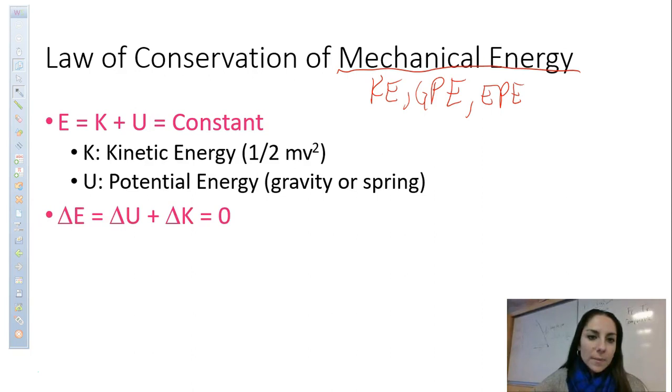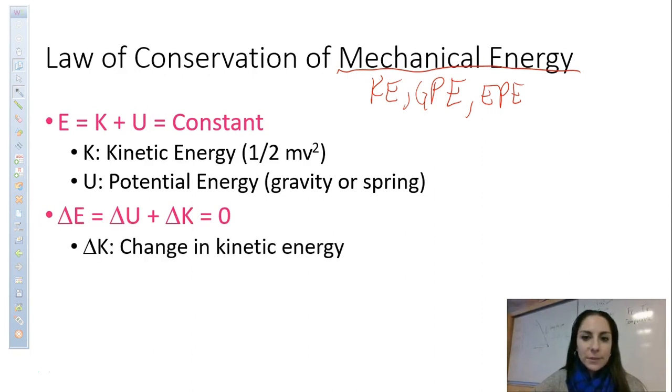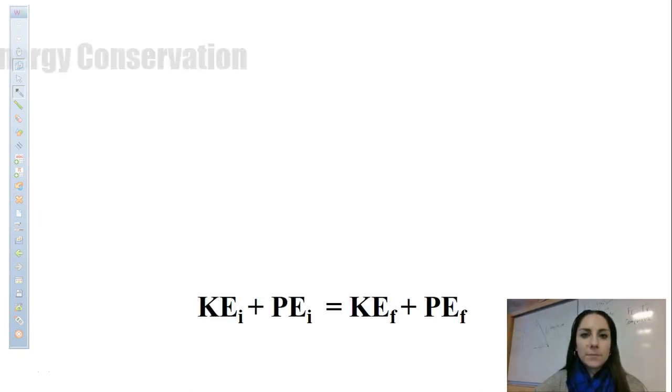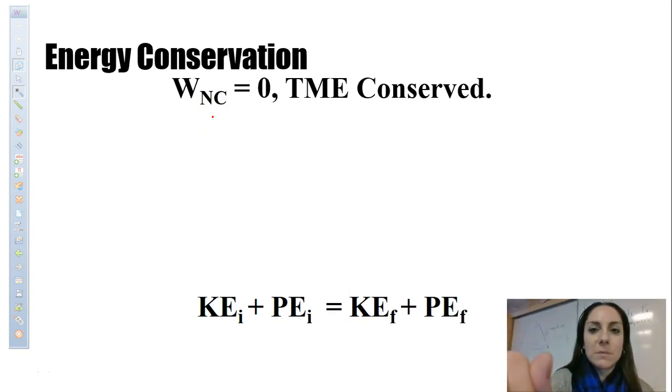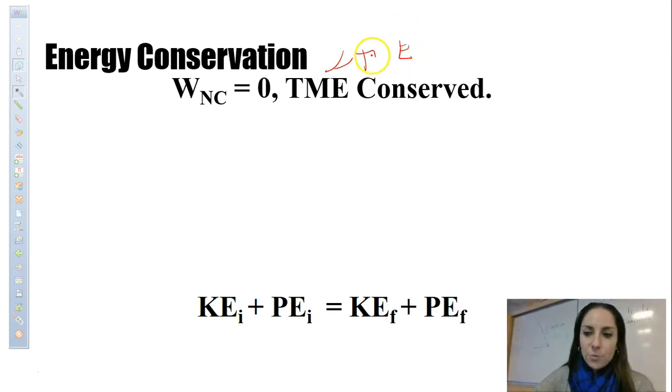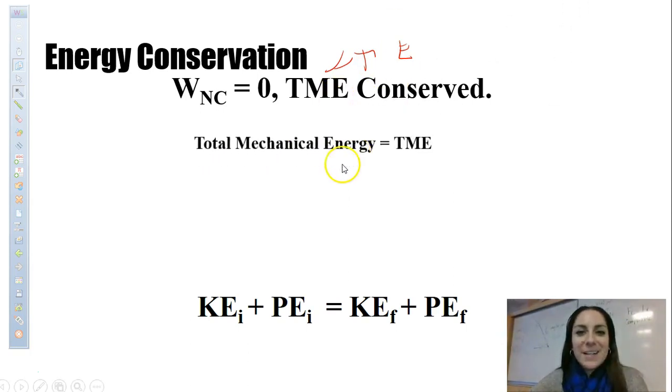Although I have it written here, I don't really like these forms. We're going to go to here. So long as we have no non-conservative forces on our system, then the total mechanical energy is conserved. That's what this means. Just total mechanical energy. There you go.